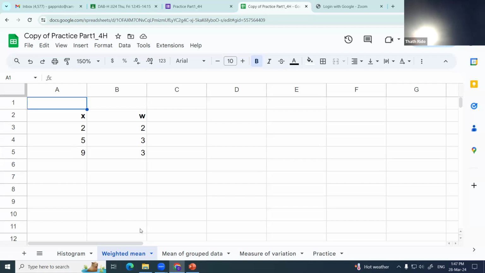The weight can be just a number or it can be a percentage. Any option is okay. So weighted mean is variable times weight, and sum.